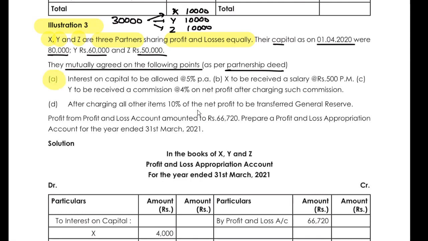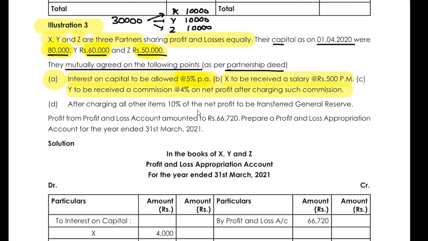So first point, interest on capital to be allowed at the rate 5% per annum. There is a capital of 80,000, 60,000 and 50,000, and 5% needs to be given as interest on capital. Second, X needs to receive a salary of 5,000 per month. And third, Y is to receive a commission of 4% of net profit after charging such commission.